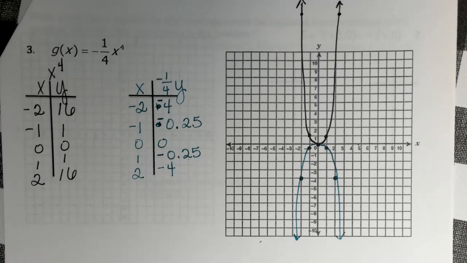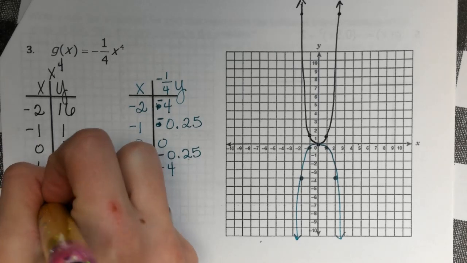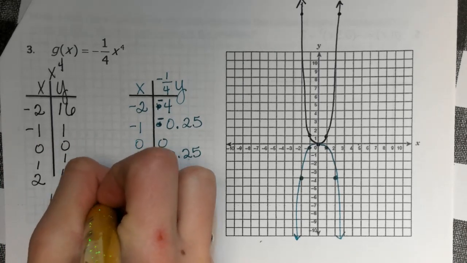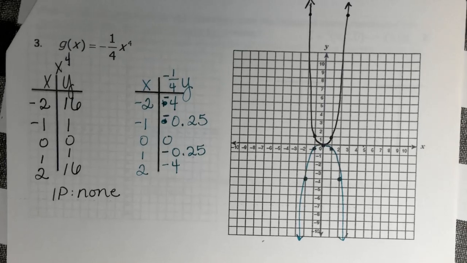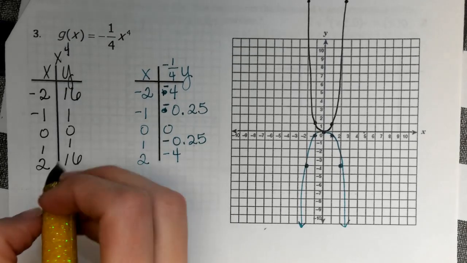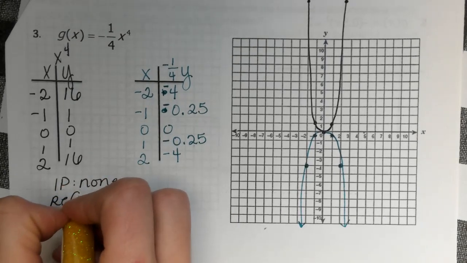Do I have an inflection point? No, your inflection point is only whenever you have odd degrees, okay? So you can tell me none, but you're just going to tell me your transformation. So I know it reflected, but where did it reflect? Okay.